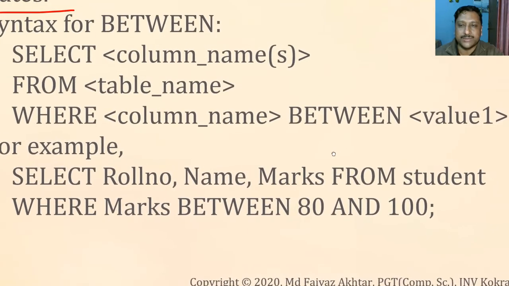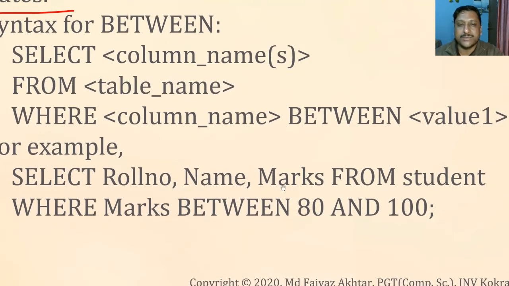For example, you can see here, select roll number, name, marks from a student where marks between 80 and 100. So it will show you all the records or the student names who got marks between 80 and 100, including the student who have got marks 80 and including the students who have got 100. Okay, see the example.